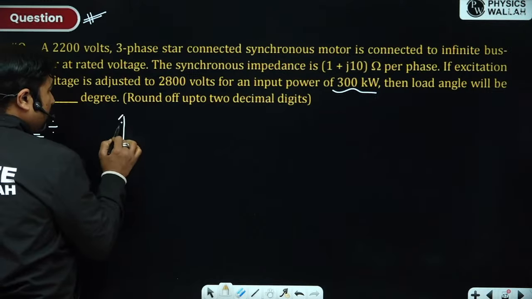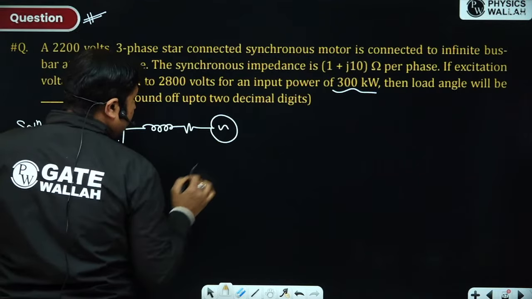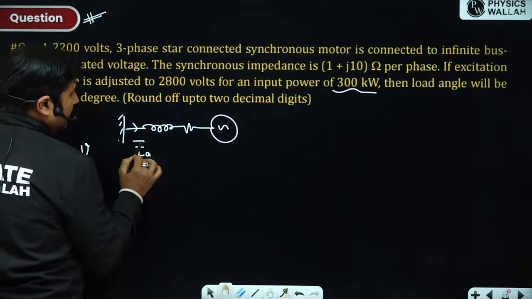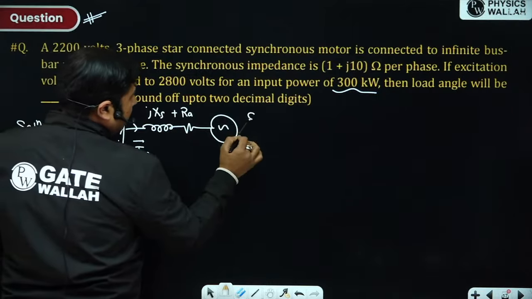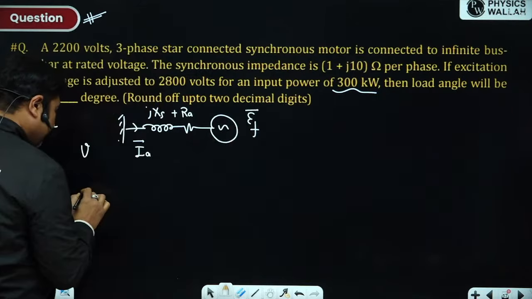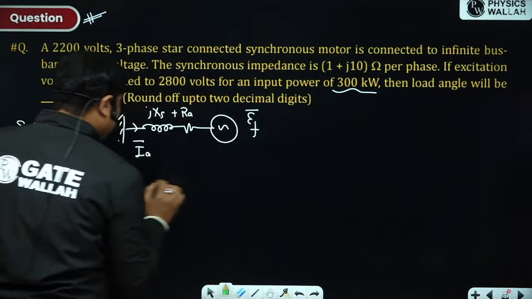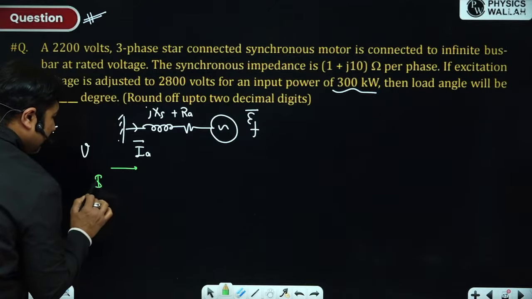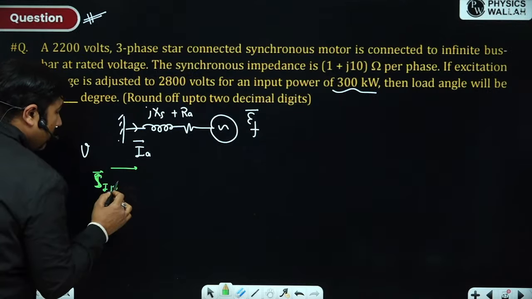What is the conventional approach? We all have a simple electrical model: V, IA, RA and jXS and EF. If we have to calculate input power, what is input? If I am able to find kVA input, then the active power input is very easy to generate.